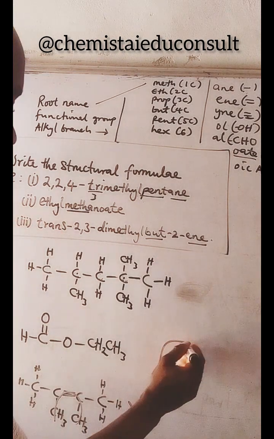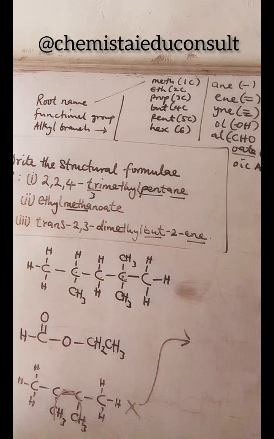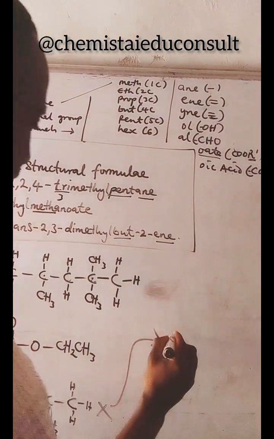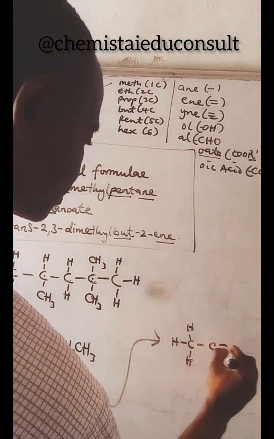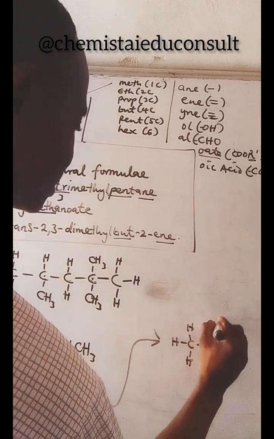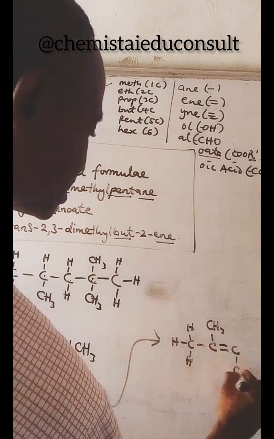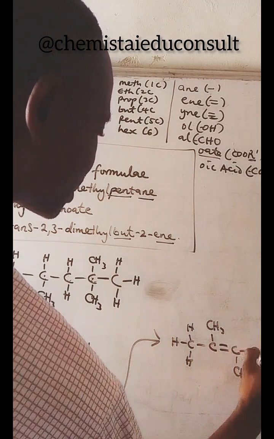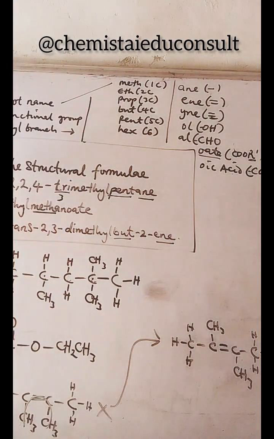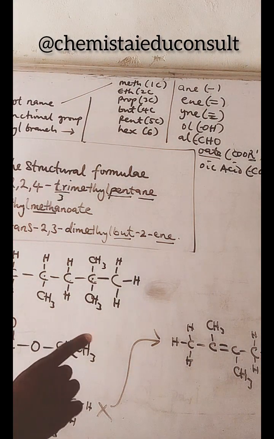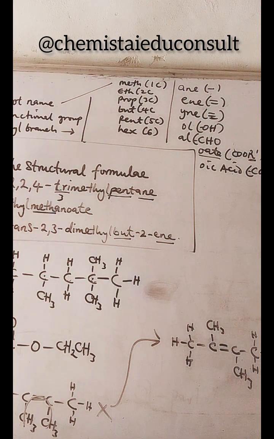So we restructure it this way. If CH3 is up here, CH3 will be down here, and we have this. So this is trans-2,3-dimethylbut-2-ene. I hope you got value.